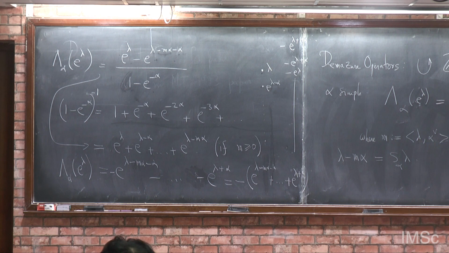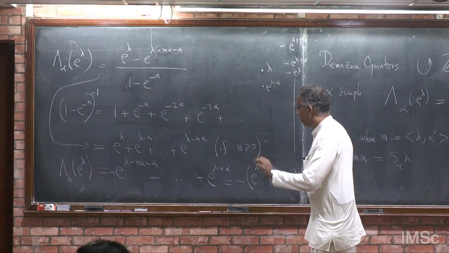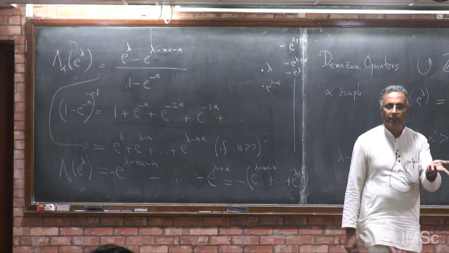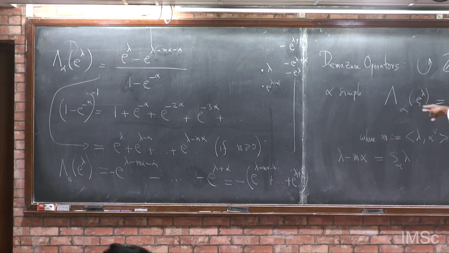Okay. So what it looks like is, let's just do SL2 theory first. So lambda is actually an integer. So lambda is actually this m. You can take lambda to be this m itself. So m is either positive or negative. If it is non-negative, then it gives me the character of the corresponding V lambda, Vm, right? The module with highest weight m, right?